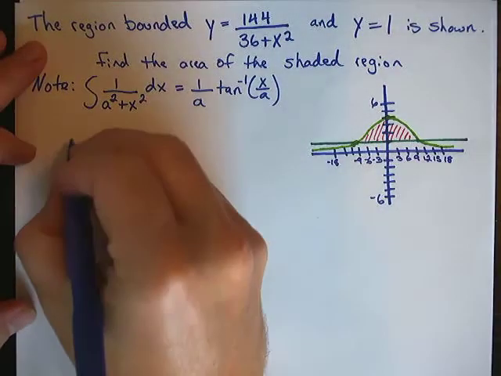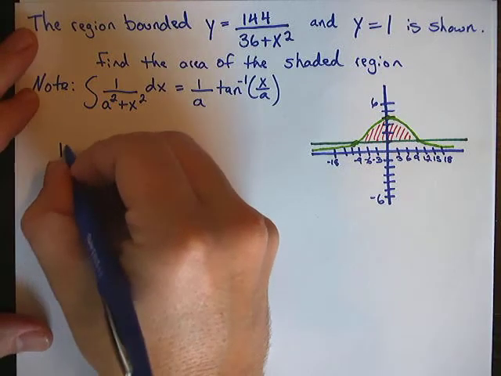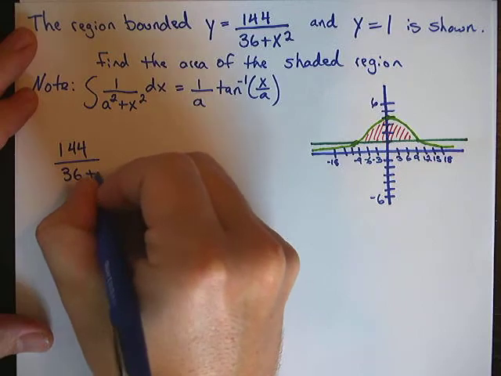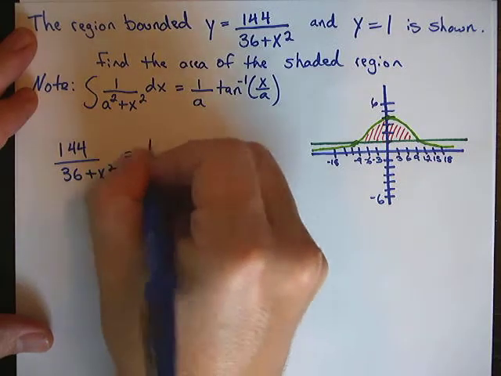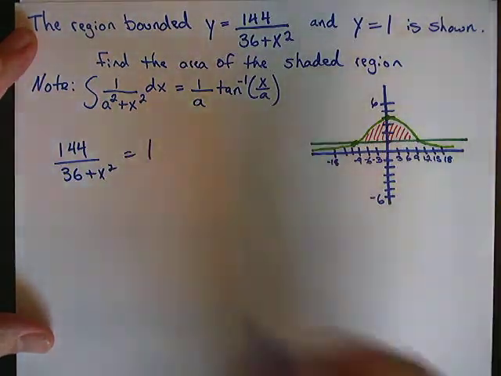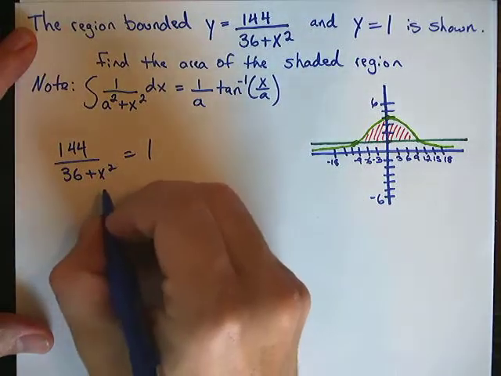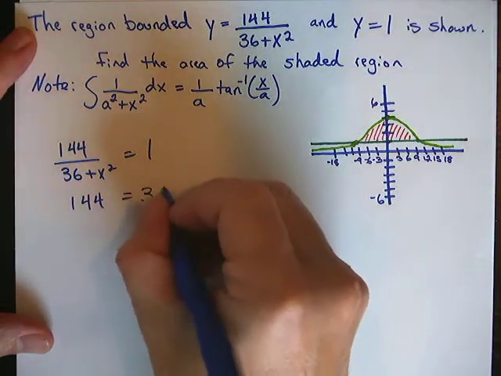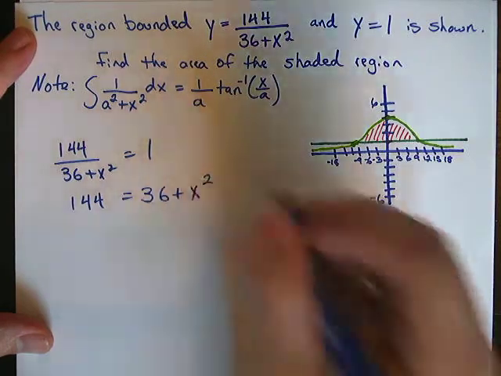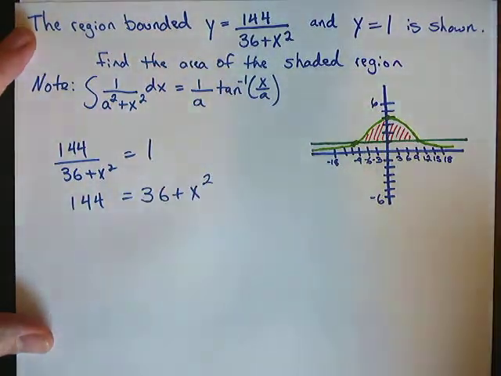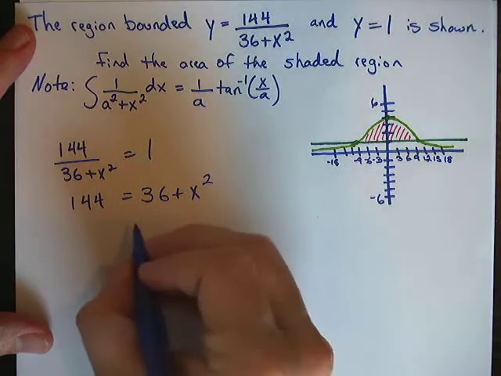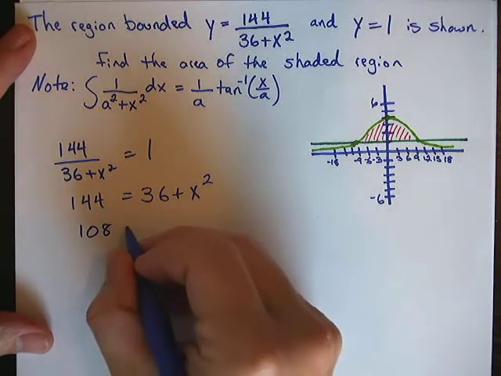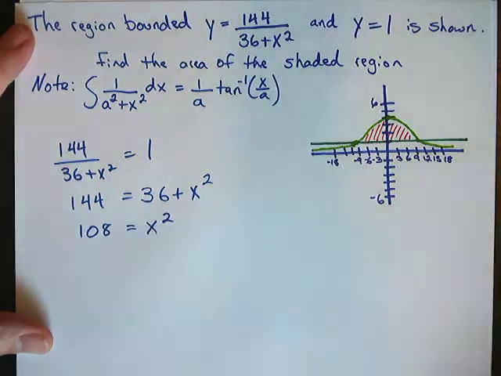So we do that by setting these two functions equal to one another. 144 over 36 plus x squared equals 1. Let's multiply over the 36 plus x squared, and we get 144 is equal to 36 plus x squared. Move the 36 over by subtraction, and that gives us 108 equals x squared.